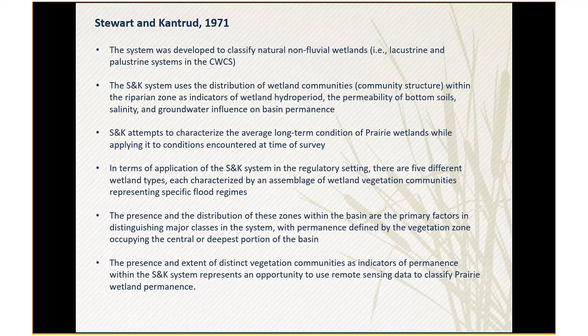The presence of these distinct vegetation communities is the opportunity, from a remote sensing perspective, to see if we can separate the vegetation communities within a basin, and potentially model statistically to predict permanence class. So we are looking for long-term average conditions.